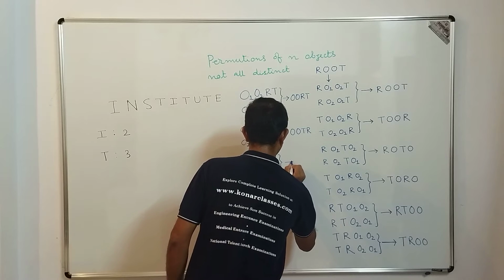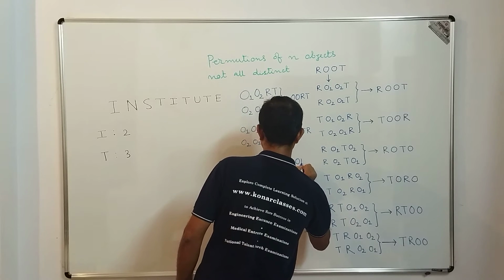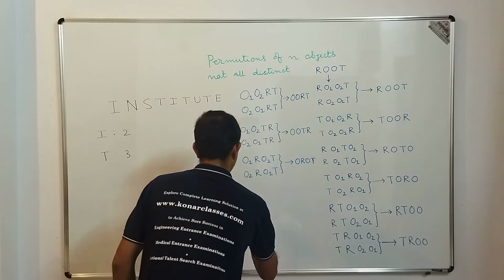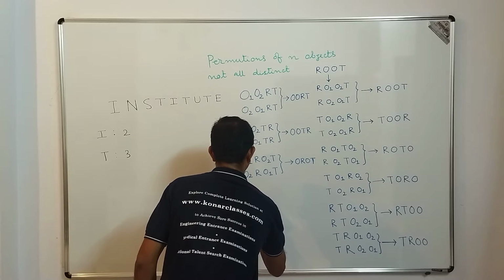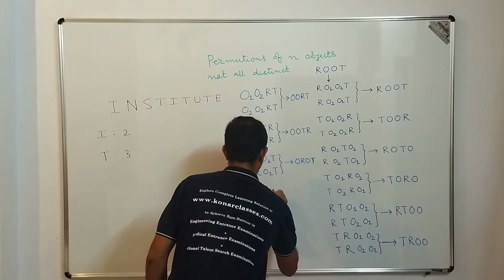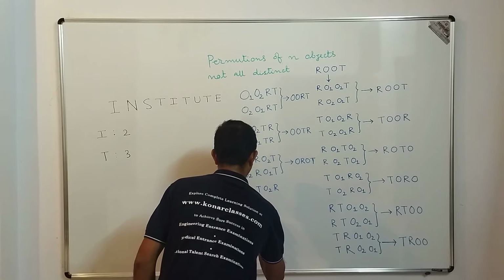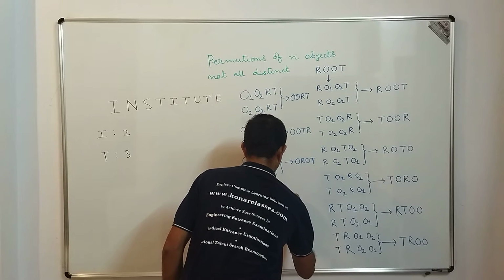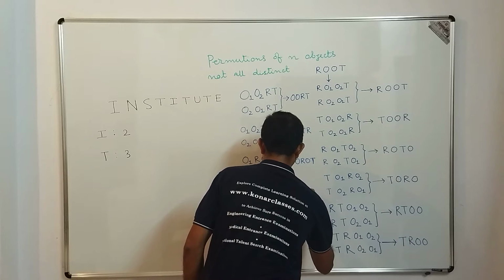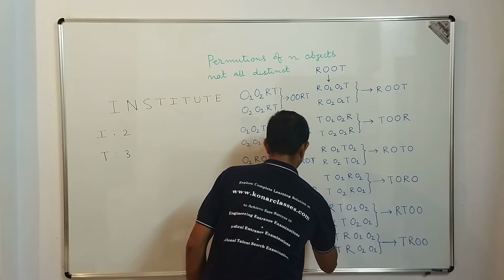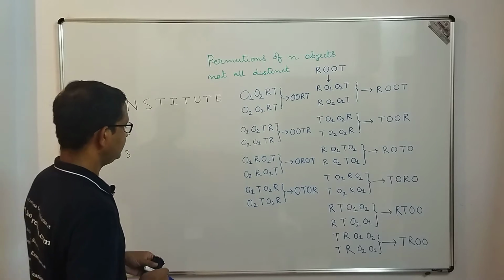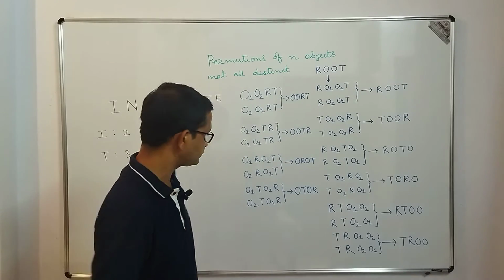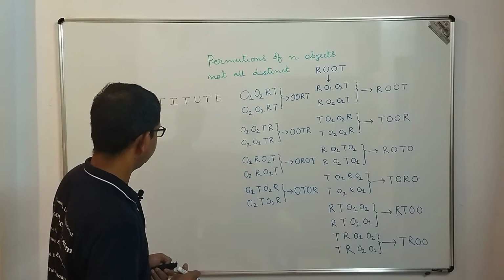So this can be clubbed together and we can write OROT. The next one is O1T O2R, then O2T O1R, and if we club together, then we get OTOR. Correct? Then what is the next possible combination? The next possible arrangement is ORTO.